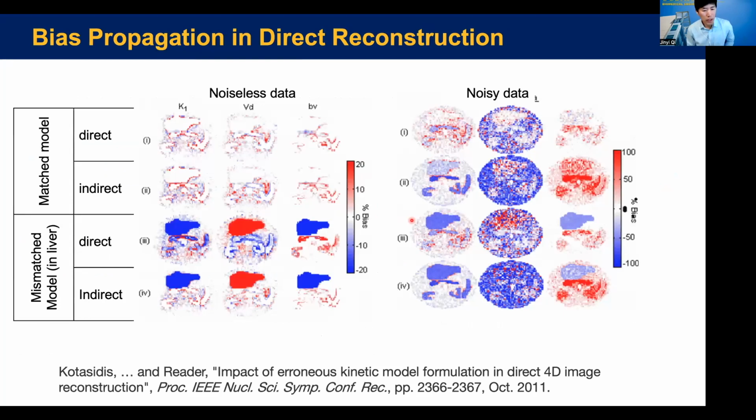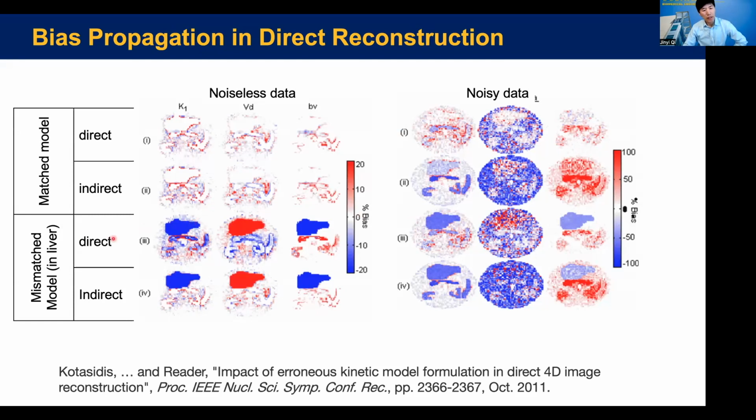As I mentioned at the beginning, there are some unique issues related to direct reconstruction because, regardless of whether we use a nested algorithm or not, the kinetic fitting and image reconstruction are put into a single loop, so they affect each other. In particular, if we have a region that cannot be fit by the predetermined kinetic model, then there will be bias in that region.